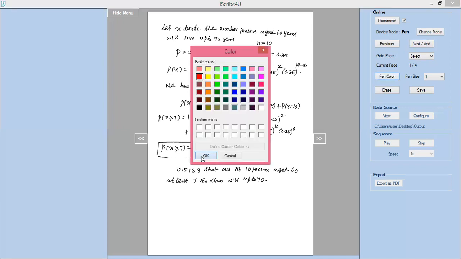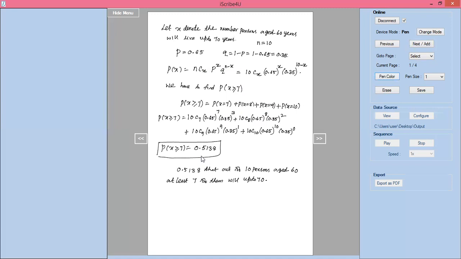The third problem: the number of telephone lines busy at an instant of time is a binomial variate with probability 0.1 that a line is busy.